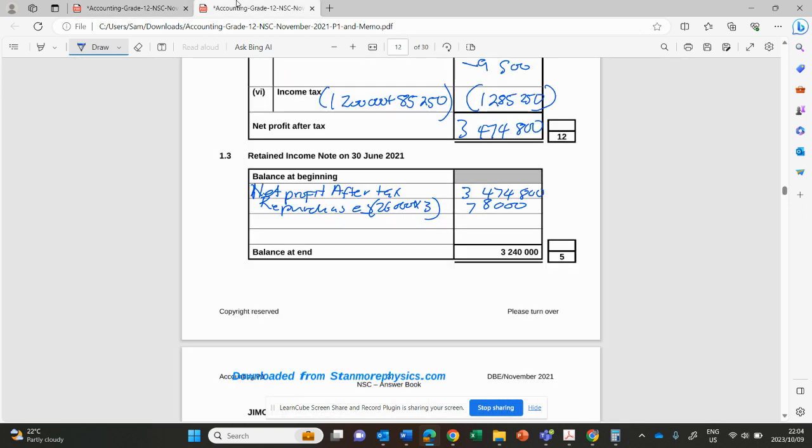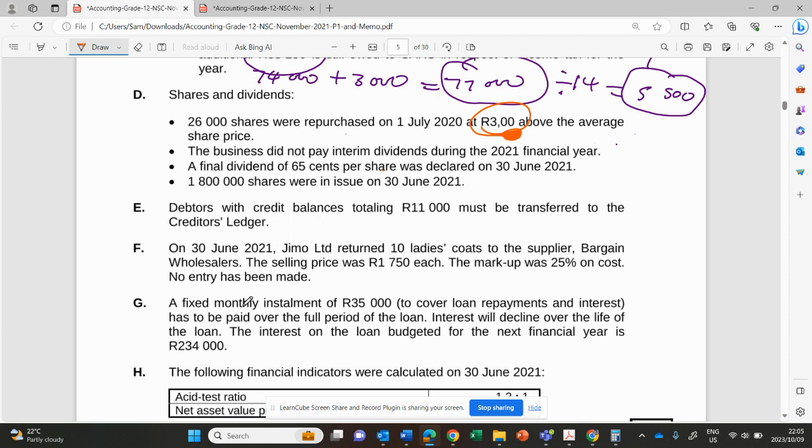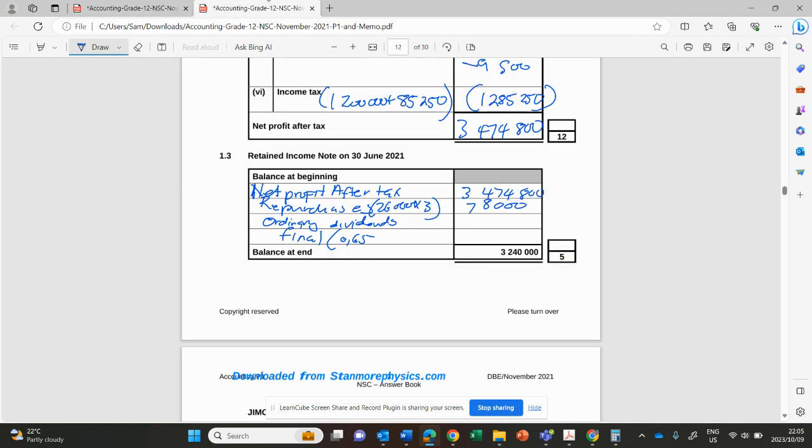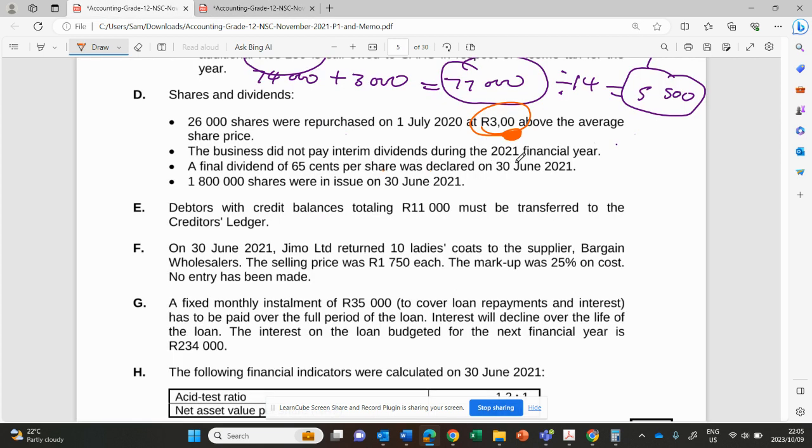So we are only having the final ordinary dividends; they didn't pay the interim. So this should be 0.65, which is the 65 cents. You multiply with the number of shares at the end, because this was declared on the 30th June 2021.